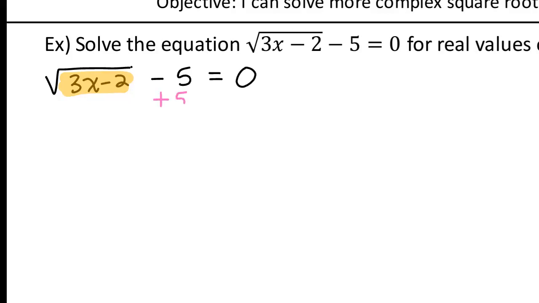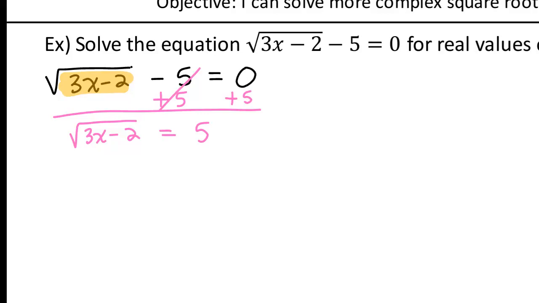We add 5 to both sides. That gives us the square root of 3x minus 2 equals, the minus 5 and plus 5 cancel to 0, and 0 plus 5 gets us 5. All right, now I have the square root by itself.